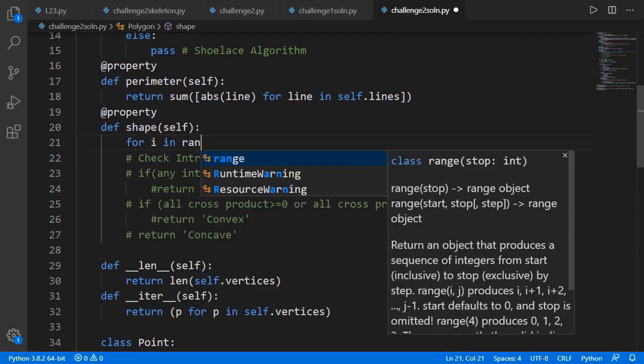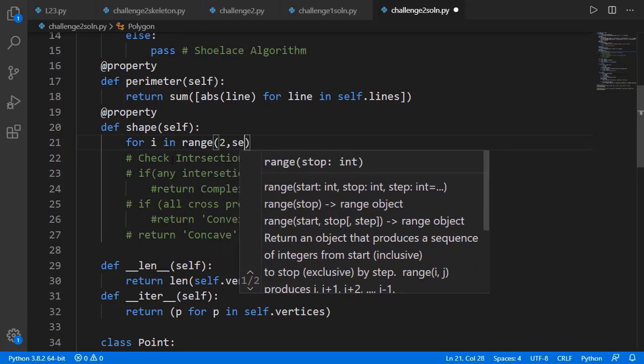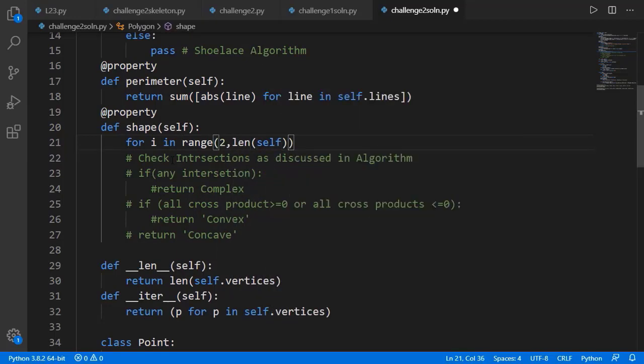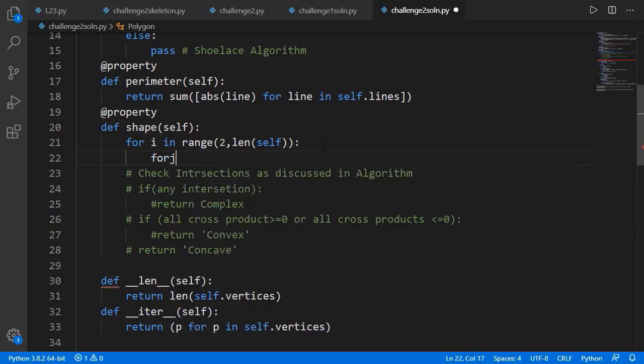As discussed in challenge lesson, we will start checking the intersections from third line segment, which is at index number 2. And we will check its intersection with all previous line segments till the first one.